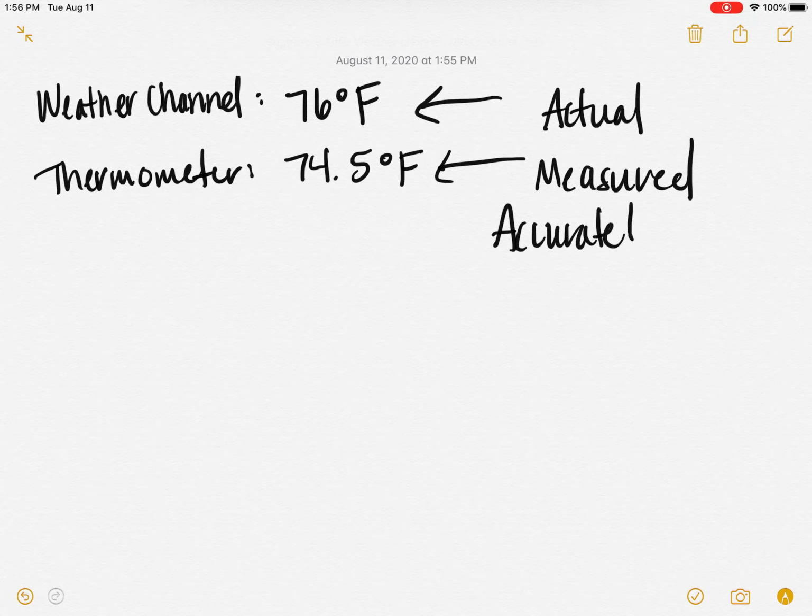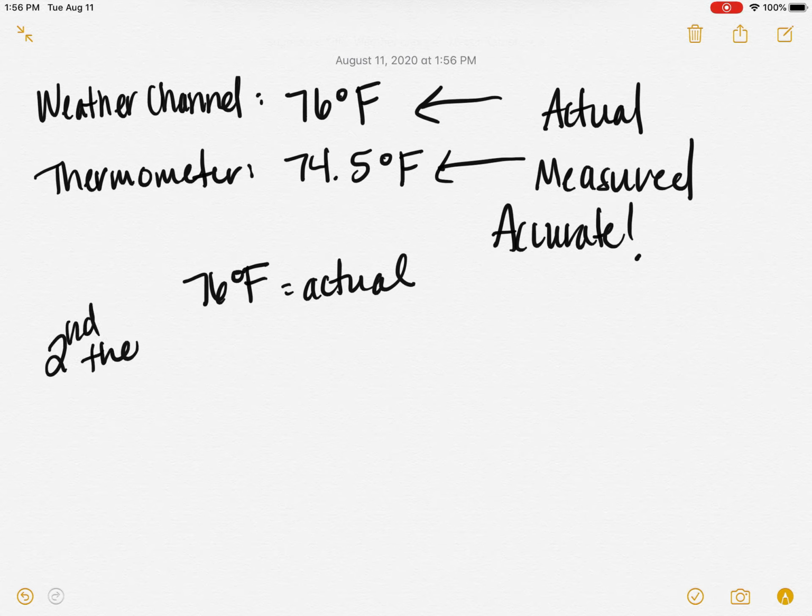Okay, so versus, let's say that you find a second thermometer, okay, and the Weather Channel still says it's 76 degrees outside, and you take that second thermometer outside and you leave it for several hours. And that second thermometer comes up and says that it is 46 degrees outside.